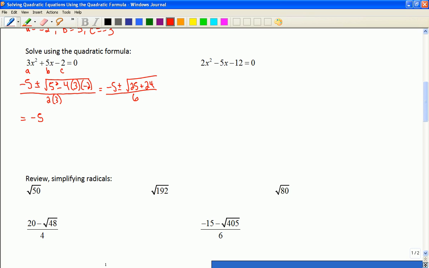So that's negative 5 plus or minus root 49 over 6. So negative 5 plus or minus 7 over 6. So I have two possibilities, one which is negative 12 over 6, another which is 2 over 6. So 1/3 is a solution, as well as negative 2.